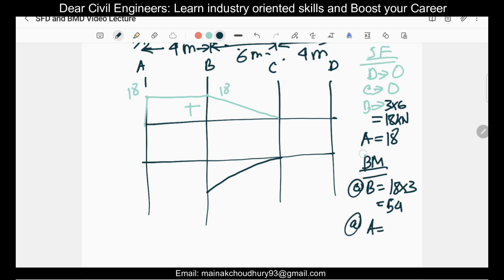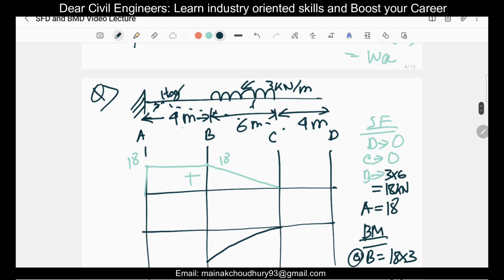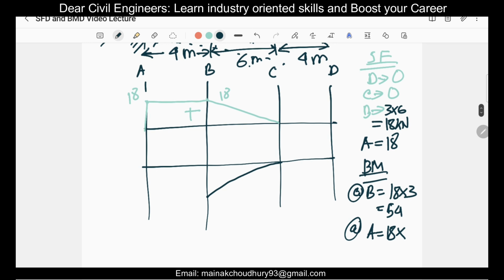And then at the next point, that is at A, let's find out the bending moment. At A, it will be this 18 into, now this is interesting, 4 plus 6 by 2. So 4 plus 3, that is 7. So it will be 18 into 7, which equals 126.